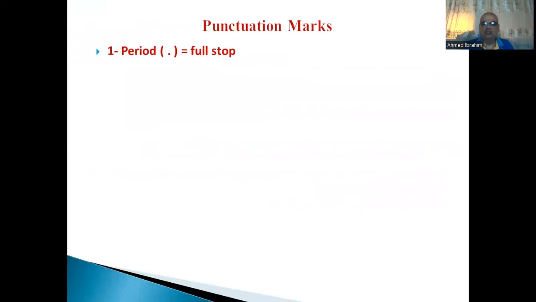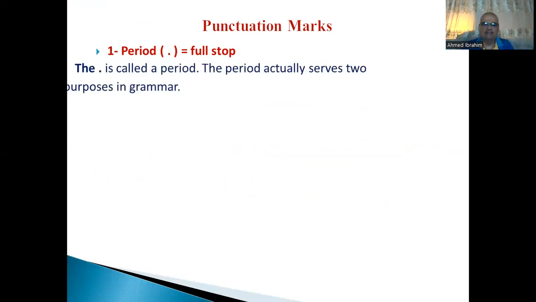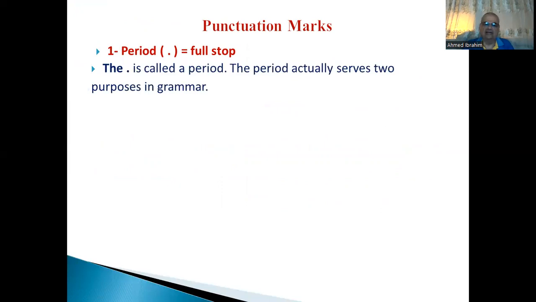Okay, the first one, period. Period equals full stop. You can say period or full stop, okay? The same. Okay. The symbol is called a period. The period actually serves two purposes in grammar.